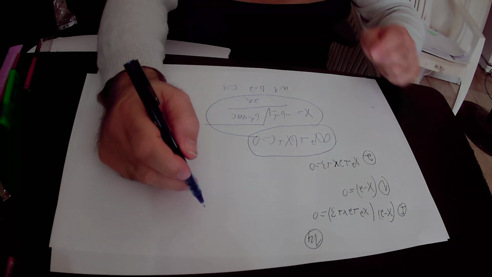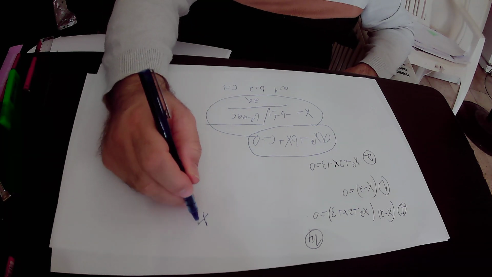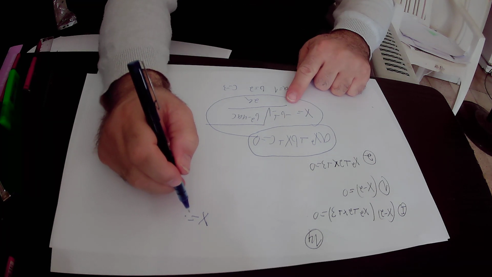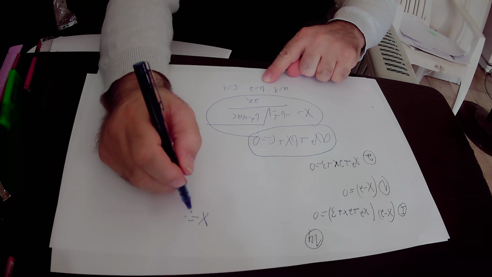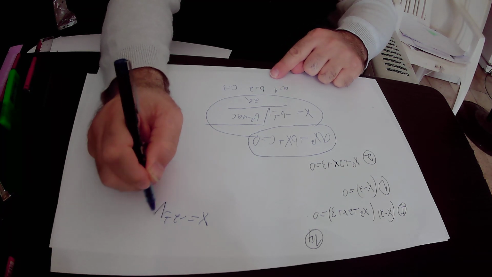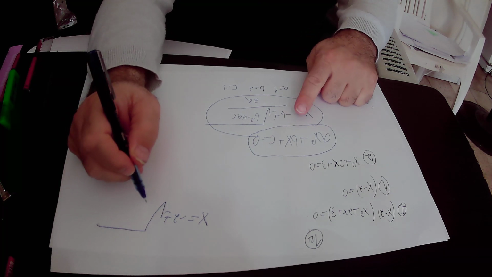So here x will be equal to minus b, b equals 2, so minus b will be equal to minus 2, plus minus root of b squared.